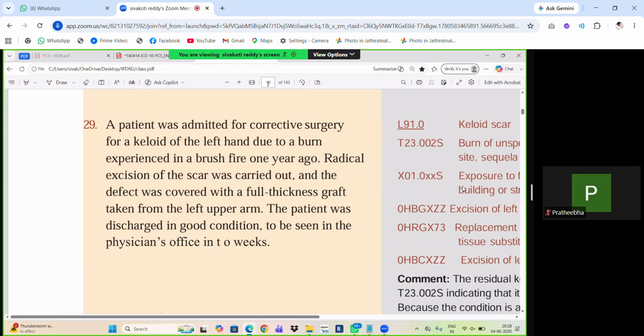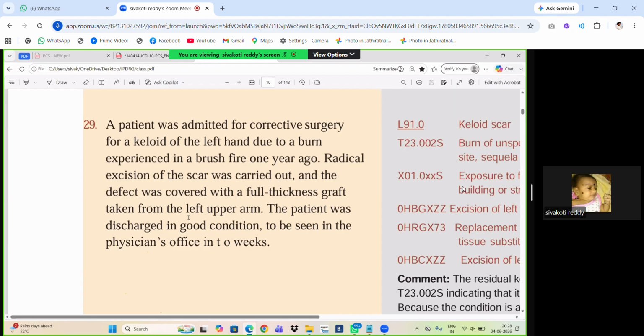Left hand. Upper arm. Graft is taken from left upper arm. Surgery for left hand. Wherever they perform, left arm, left hand.